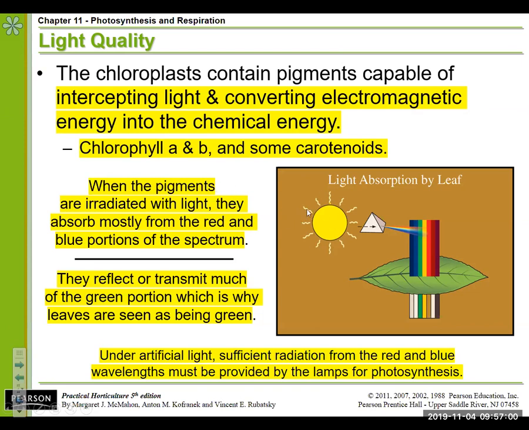When these pigments are receiving that light, they are absorbing most of that light from the red part of the spectrum, the red, orange, yellow, and the blue portions of the spectrum, blue, indigo, and violet. But the green part, the very center of the spectrum, they're actually reflecting. And so that's why we perceive leaves as being green.